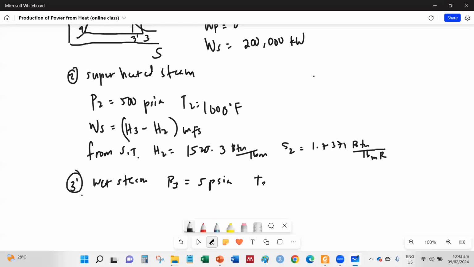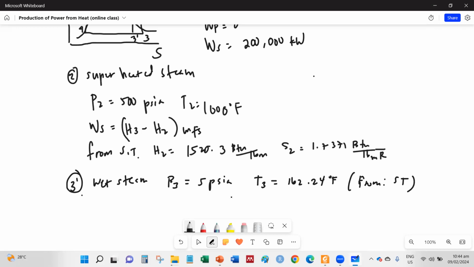And automatically, since it's saturated, we know its temperature. So from the steam table, we can know this value, saturated properties from the steam table. Okay?